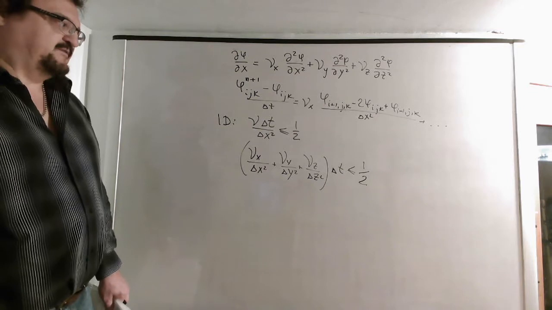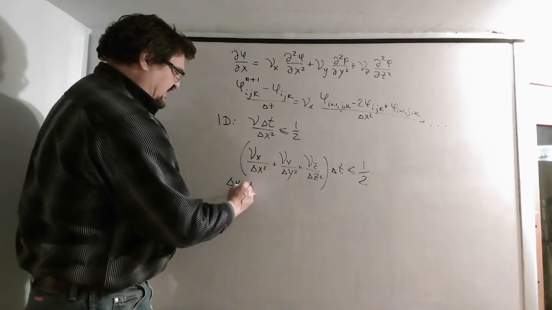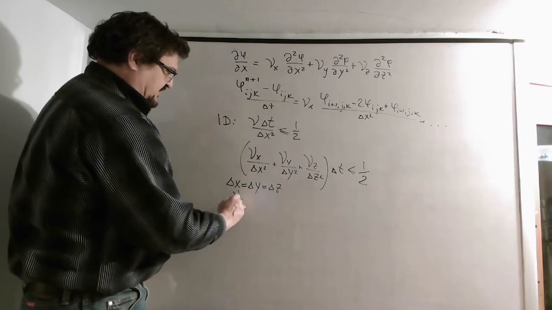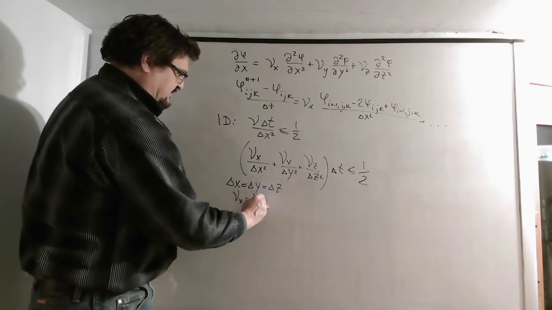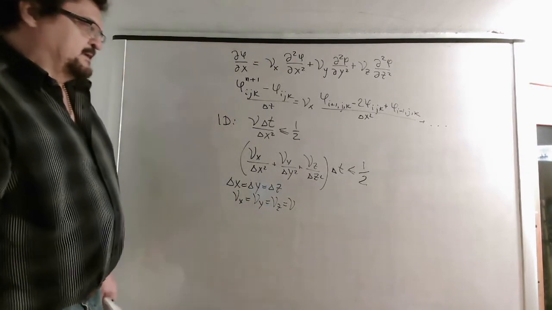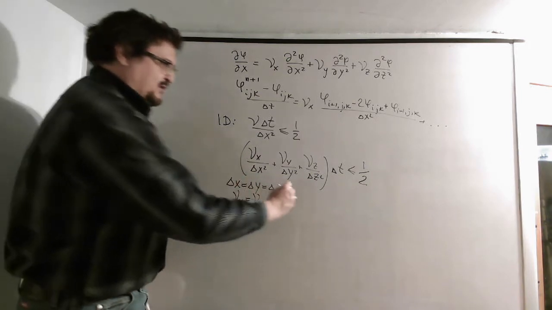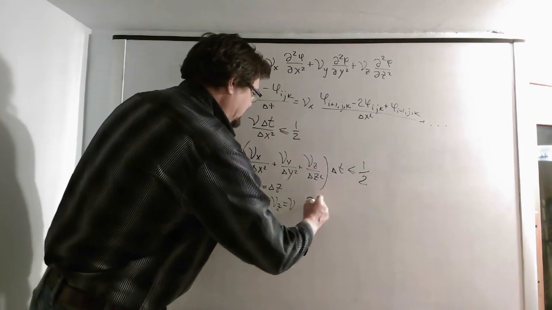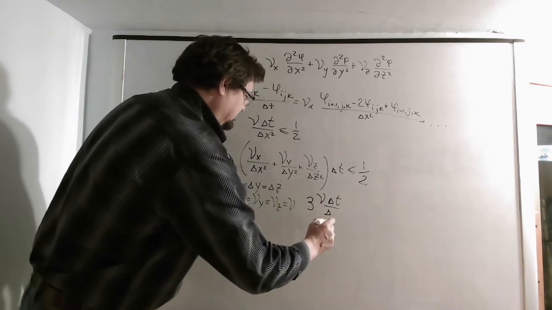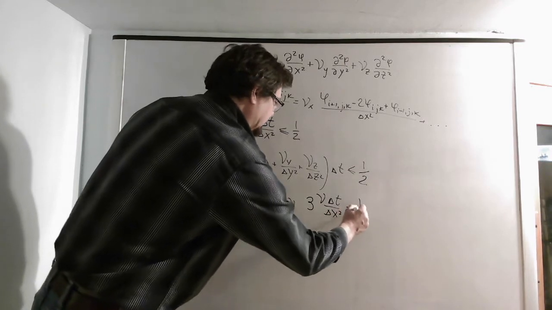Now if, for example, delta x equals delta y equals delta z, the simplest case, and nu x equals nu y equals nu z equals nu, then it's easy to see that we have the condition 3 nu delta t divided by delta x squared smaller than 1/2.